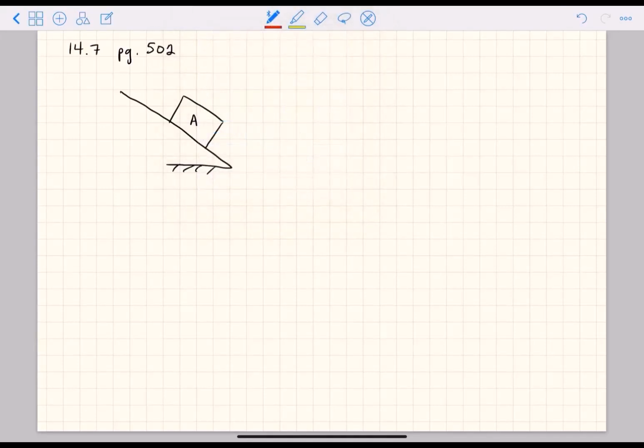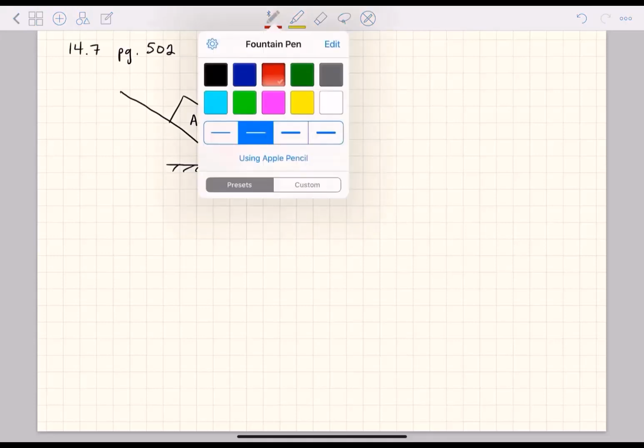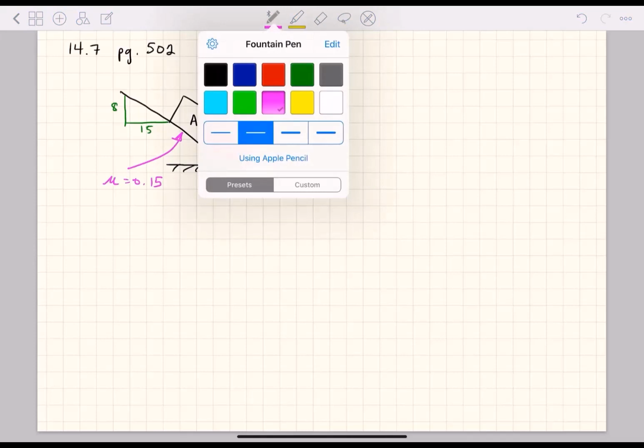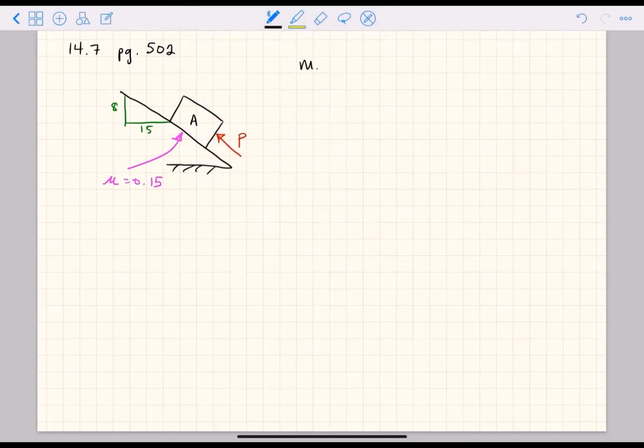So we have block A on a slope, and it is being pushed up the slope with force P. We have an angle given here, so this is a rise over run of 8 to 15, and also given is the coefficient of friction, mu equal to 0.15, so not unlike what we've seen before. We also know that the mass of A is equal to 15 kilograms.